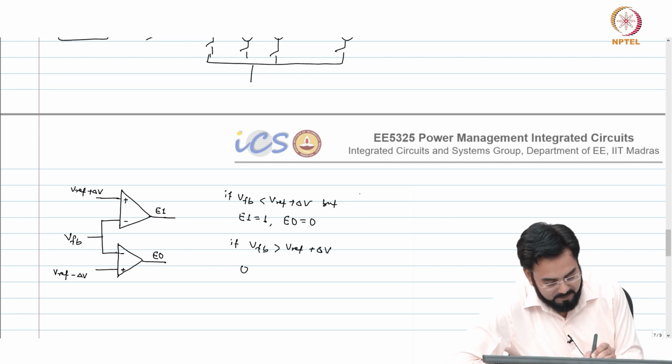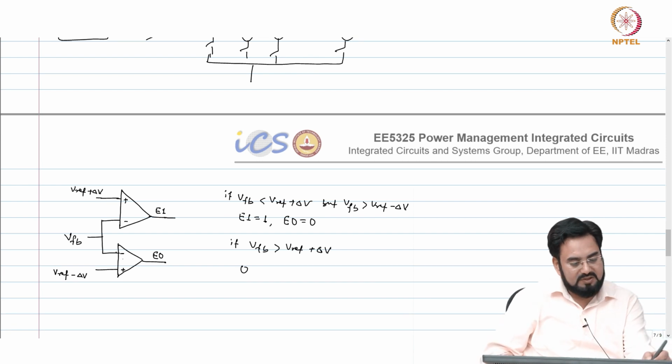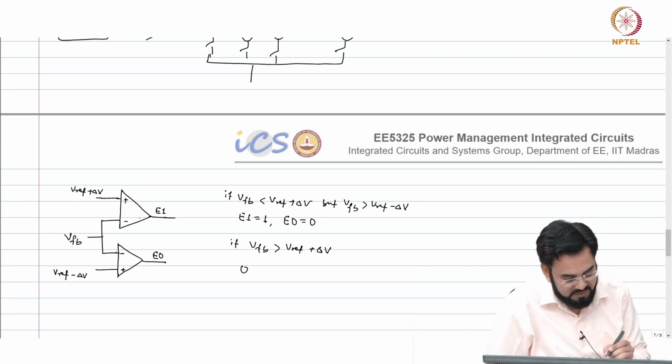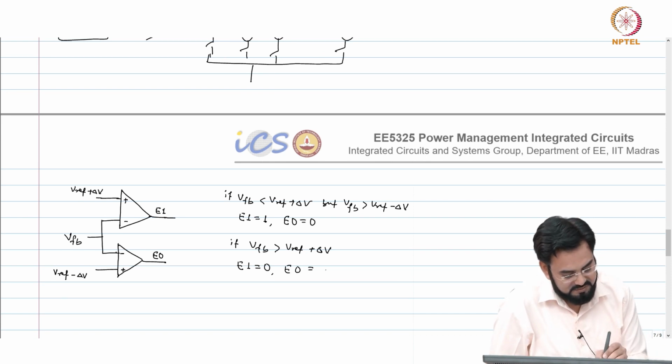But this is more than your lower threshold, but less than the upper threshold. So, you get 1 0. Now, if VFB is greater than Vref plus delta V, then this will go to 0, E1 will be 0 and E0 will be 0.